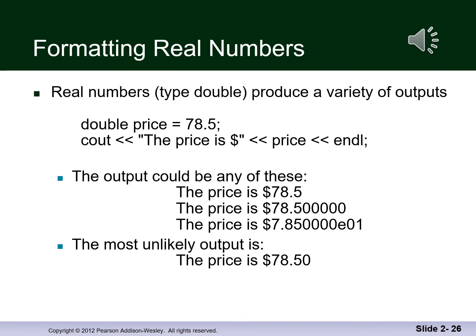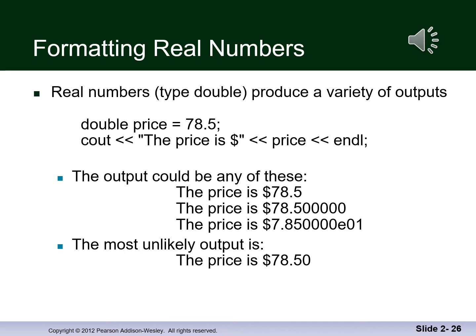Real numbers, which are type double, can produce a variety of results. Here's an example. Double price equals 78.5, and then cout, the literal, the price is $, space, and then price and endl.